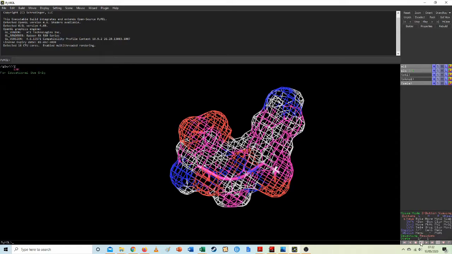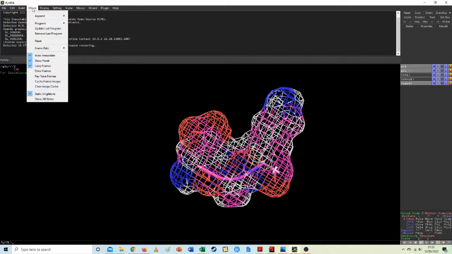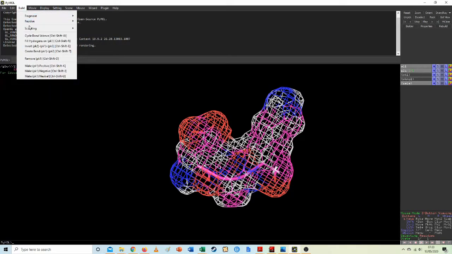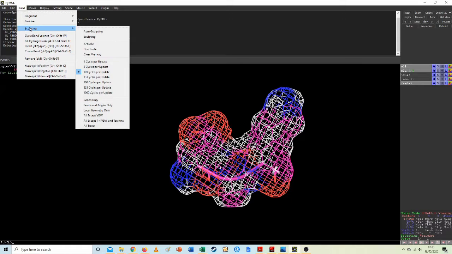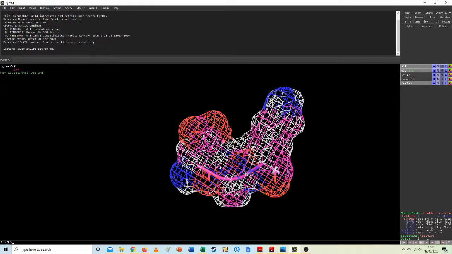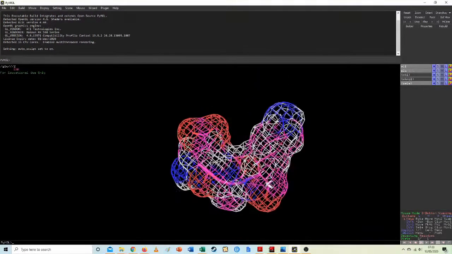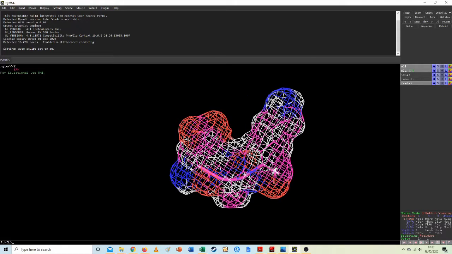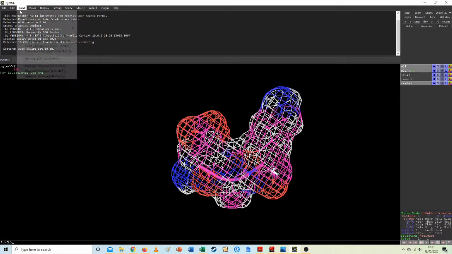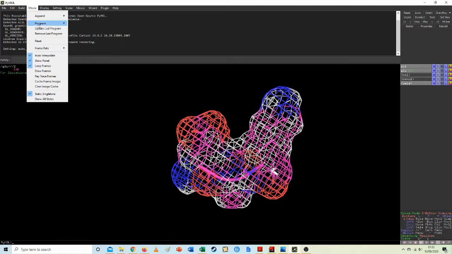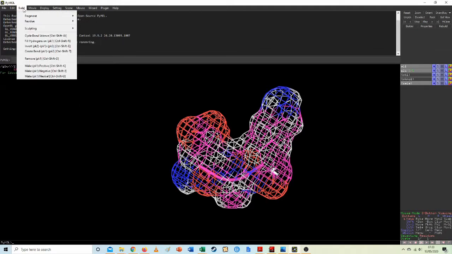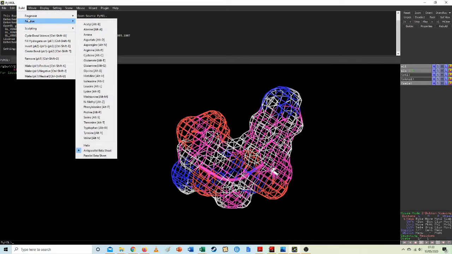So what I think I would like to do is auto sculpt. Which has not done a huge amount as far as I can see. It seems like it's probably reasonably simple enough that it just built it correctly anyway.